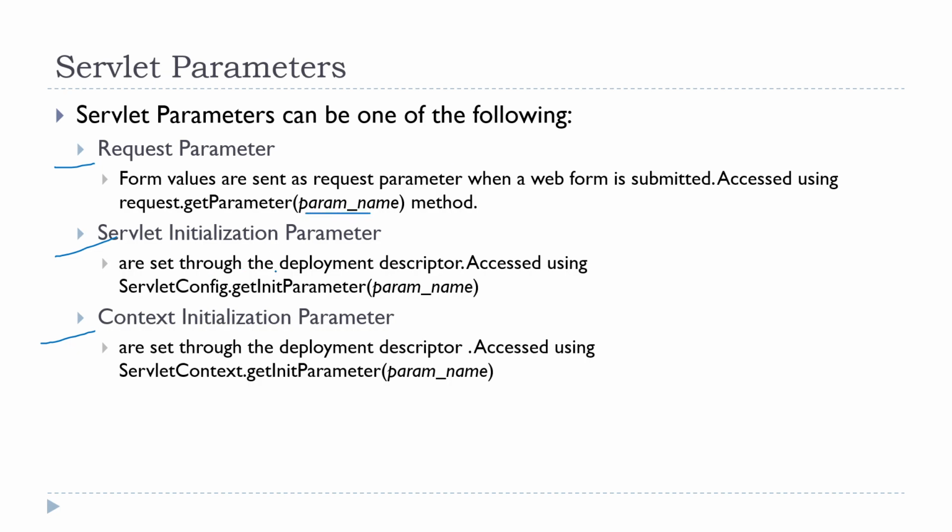Next, the servlet initialization parameter. These are set using the web.xml file, and to access them, we use the config object and call the getInitParameter method. Same for the context initialization parameter. They are set in the web.xml and they are accessed using the context object, and the method is getInitParameter, wherein we pass the parameter name.